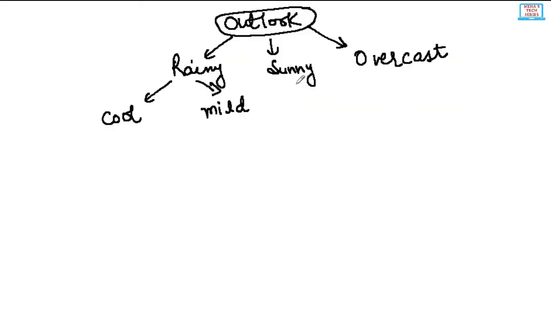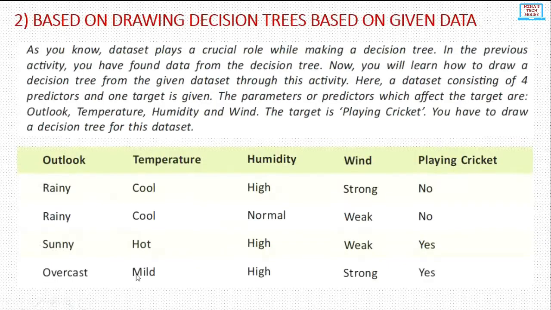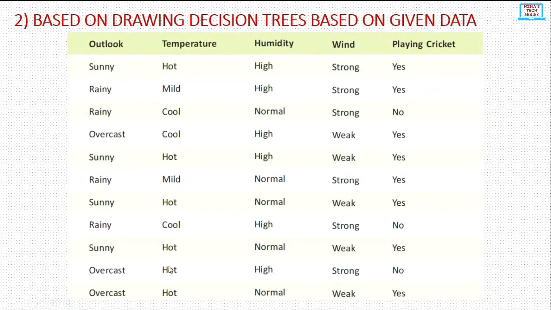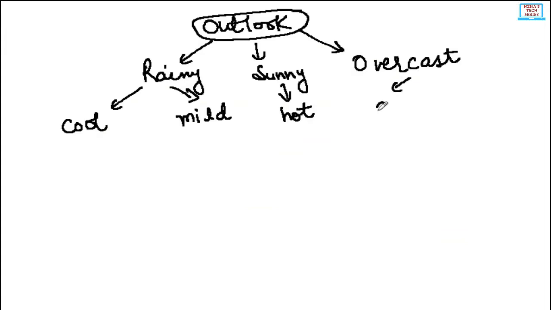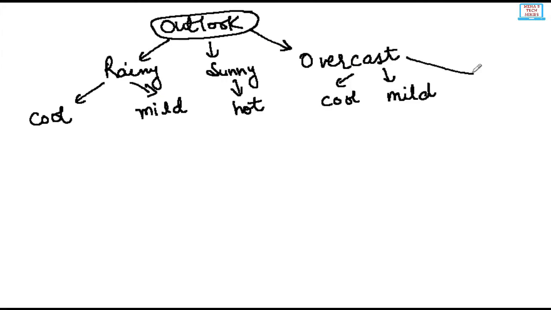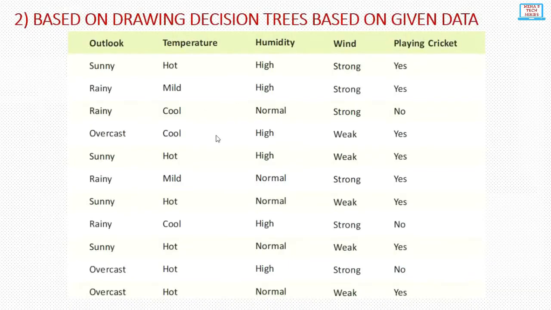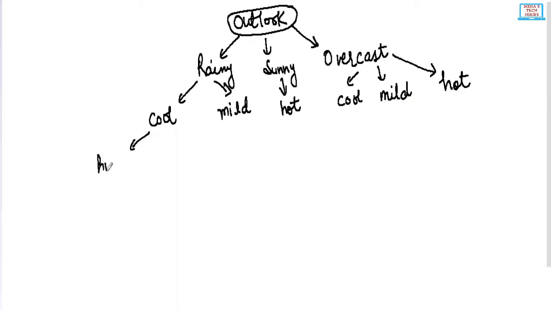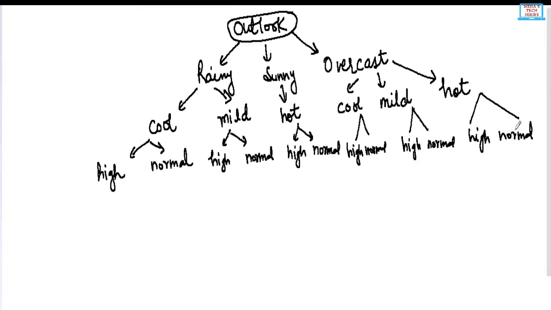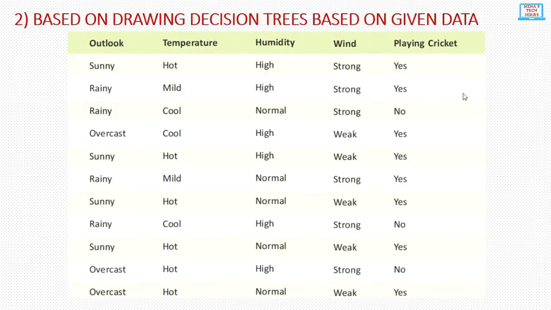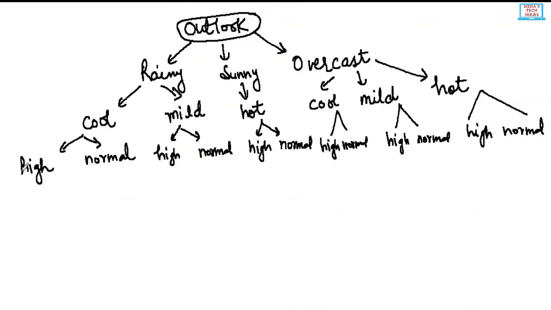So with sunny we just have one type of temperature, that is hot. Mild, cool and hot. All the 3 are there. So cool, mild and next is humidity. So here one is high and one is normal. Now wind, strong, weak. Wind is of 2 types.